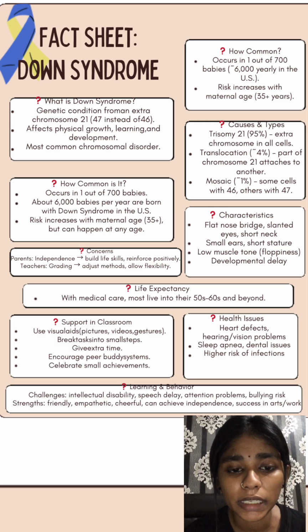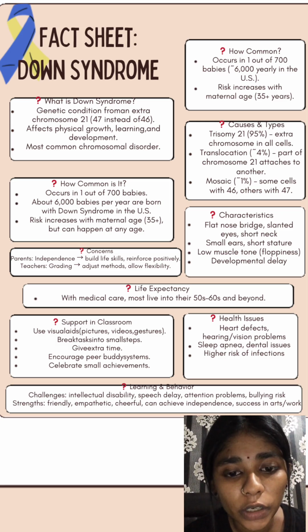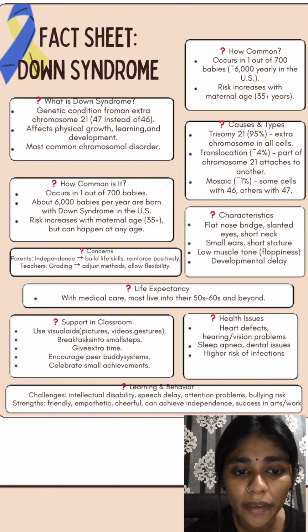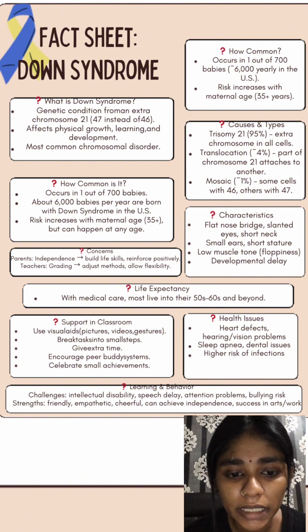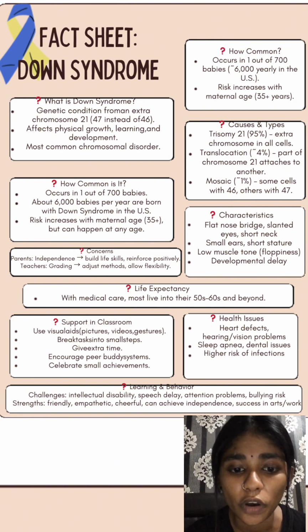How common is it? Down syndrome occurs in about 1 in every 700 babies. In the US, around 6,000 babies are born with this condition each year. Although the risk increases with maternal age, especially for mothers over 35, Down syndrome can occur at any age.